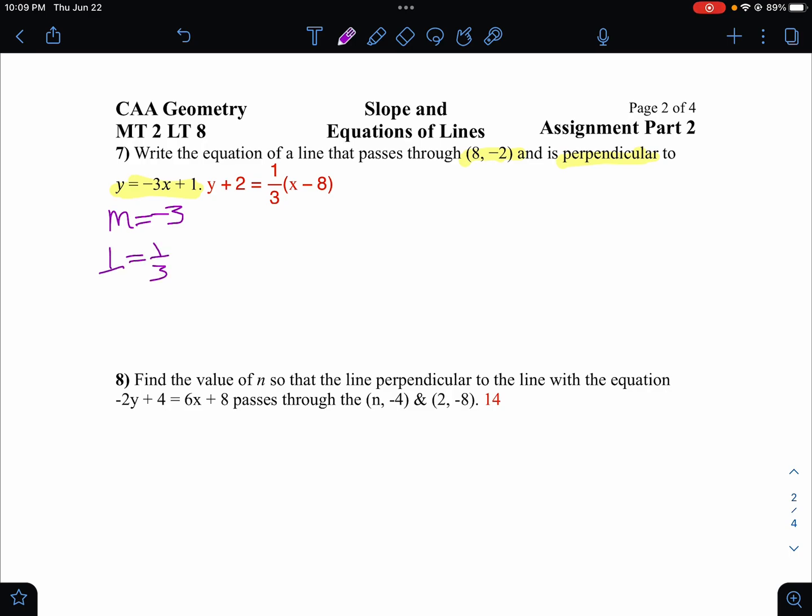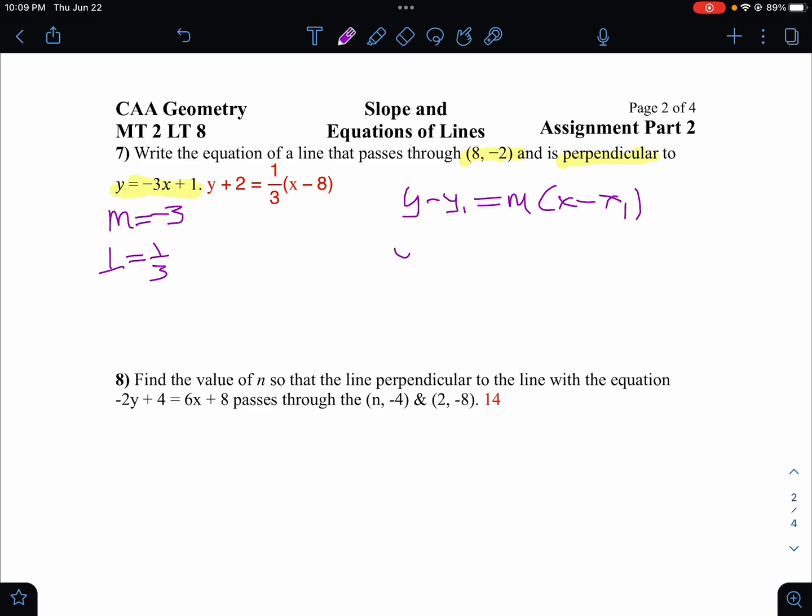Now you can write your equation in slope-intercept or point slope form. In fact, we have a point and a slope, so let's write it in point slope form. y minus y1 equals m times x minus x1.